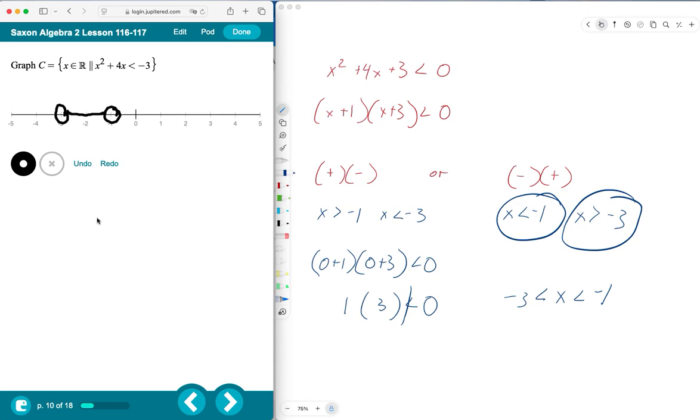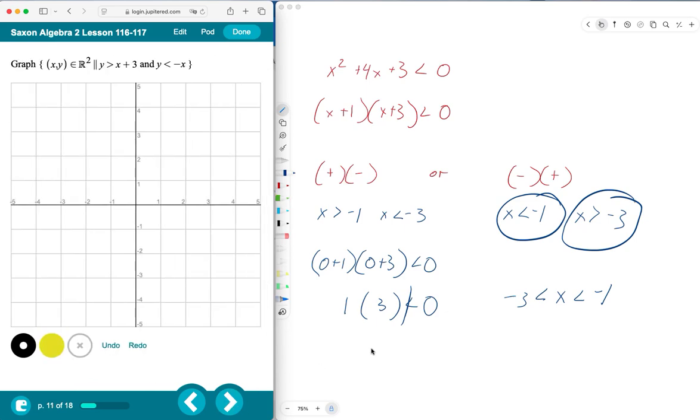If it was not reals, if it was integers, we could only graph the negative 2 as an integer. So it makes a difference how you graph it. This is the domain now. That's what you're looking for. These are easy. You just gotta knock them out.